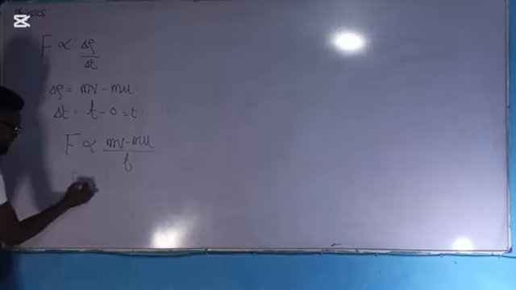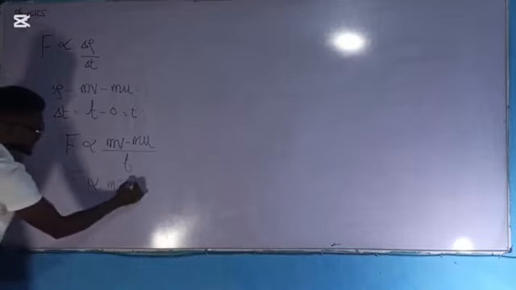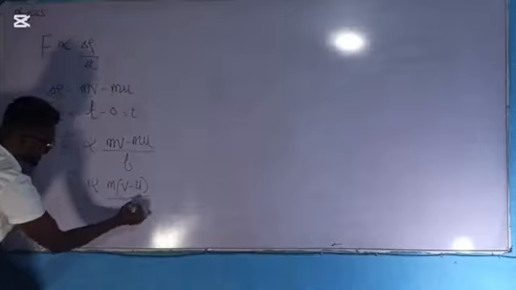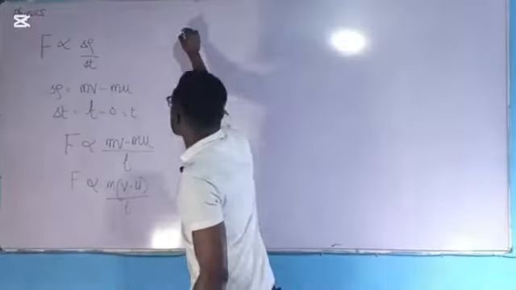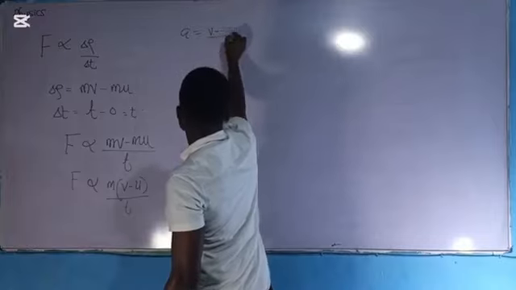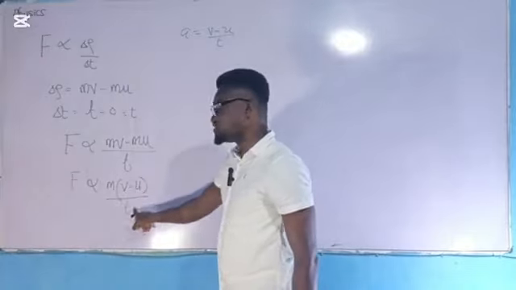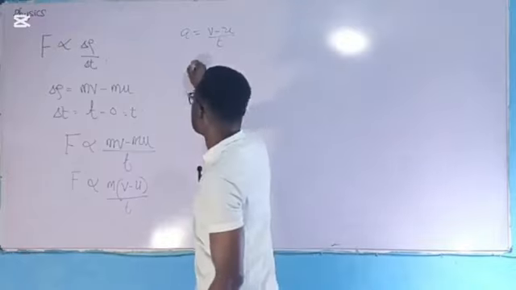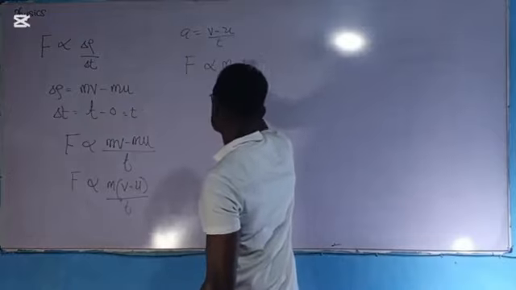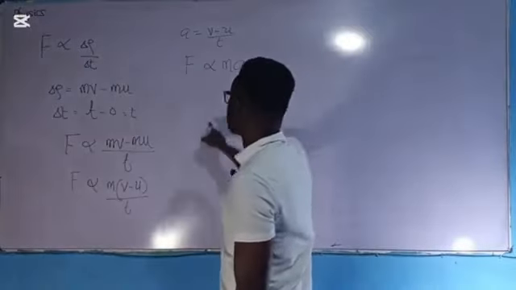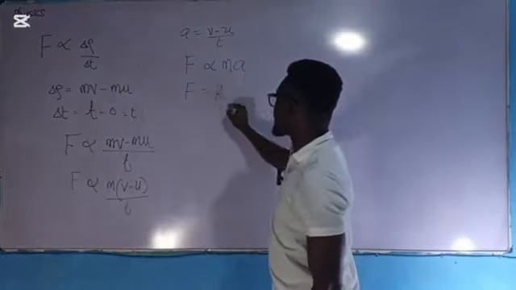If you factor out the mass, we have F directly proportional to the final velocity minus initial velocity all over time. We remember that acceleration is v minus u all over t, so we can substitute (v minus u) over t with acceleration. Hence, force is directly proportional to mass times what? Acceleration.